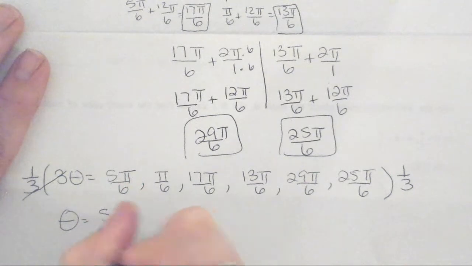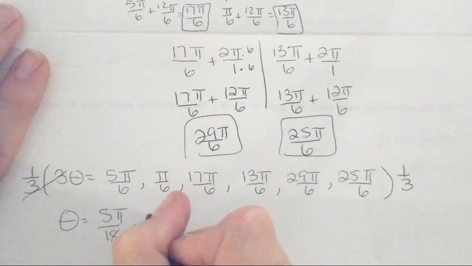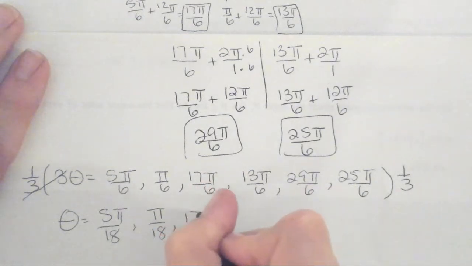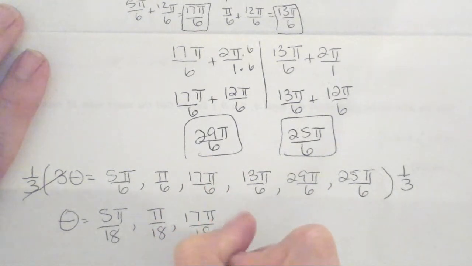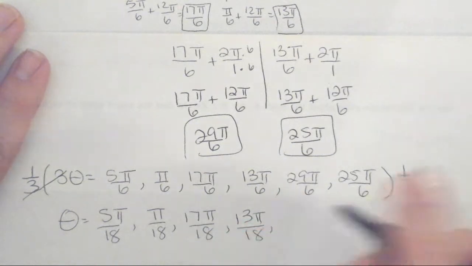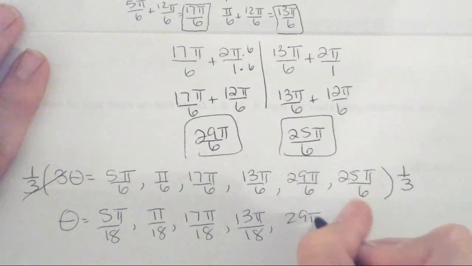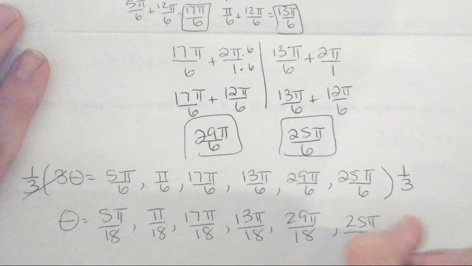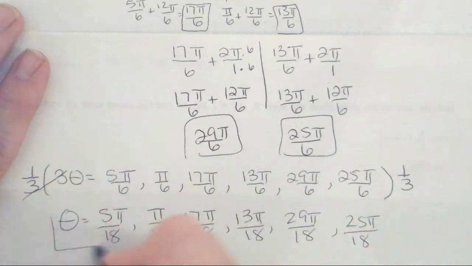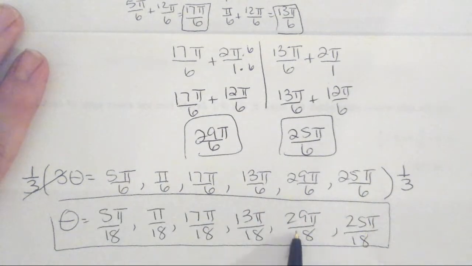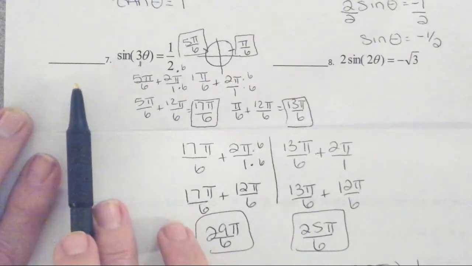So you get 5 pi over 18, pi over 18, 17 pi over 18, 13 pi over 18, 29 pi over 18, and 25 pi over 18. Okay, those are your 1, 2, 3, 4, 5, 6 answers. Those are your 6 answers for number 7.